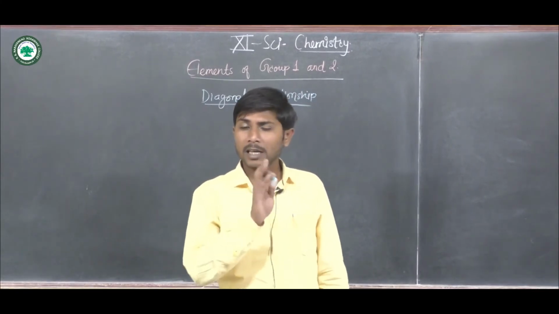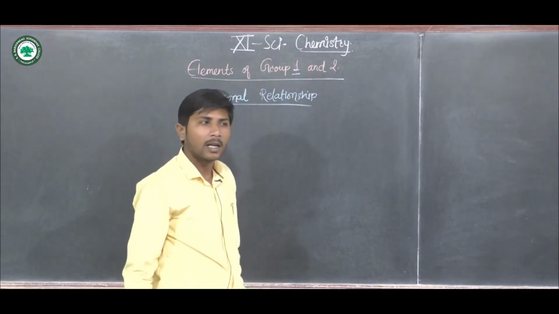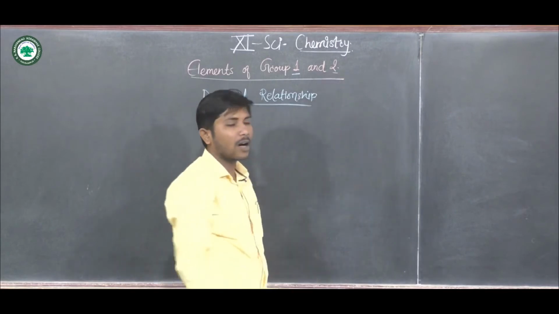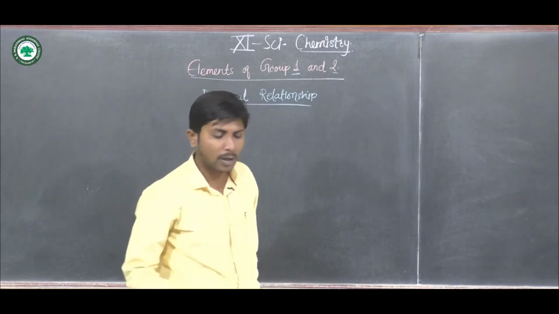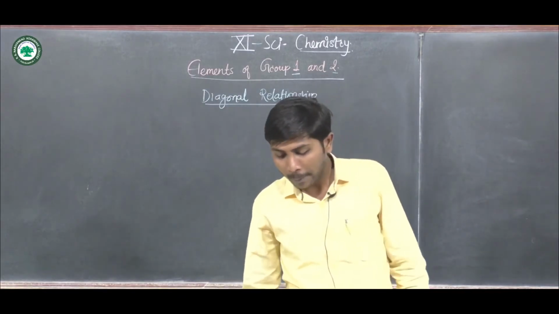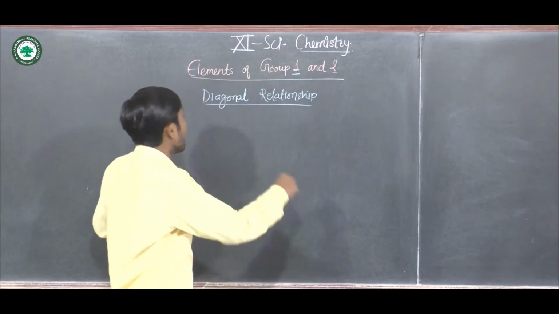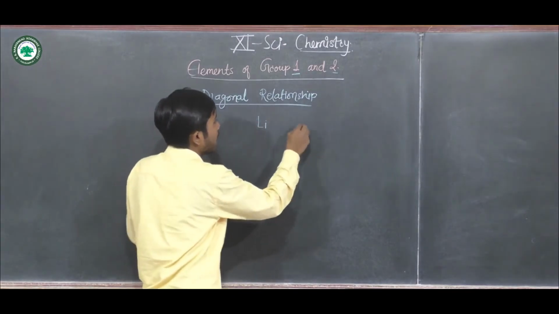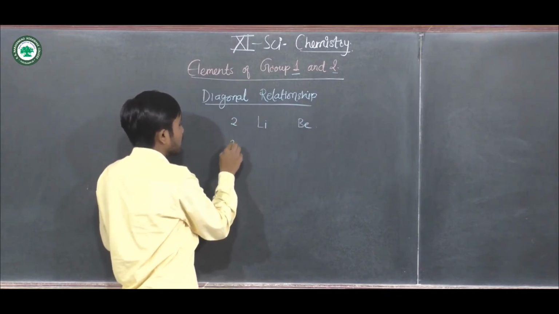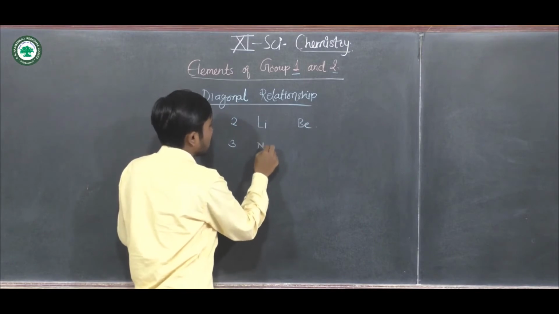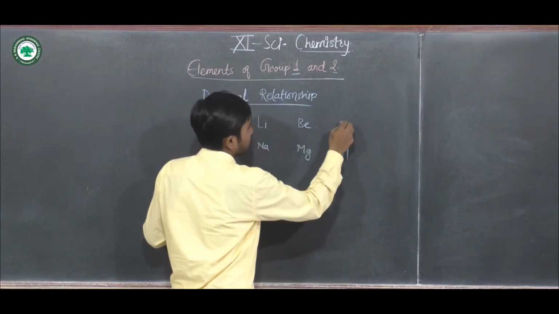Those elements present in group first are all alkali metals. Elements belonging to group second are all alkaline earth metals. This is the general concept we can expect from the modern periodic table, but there is an exception for two elements. Those are lithium and beryllium, belonging to group first and second, period second, and the third period ones, that is sodium, magnesium and aluminium.